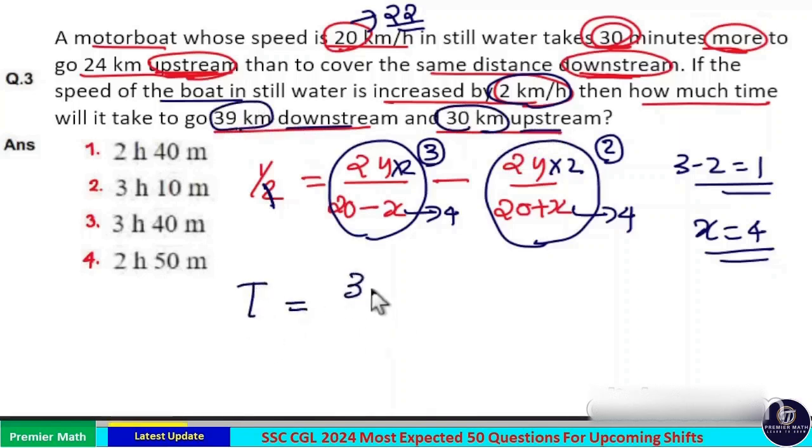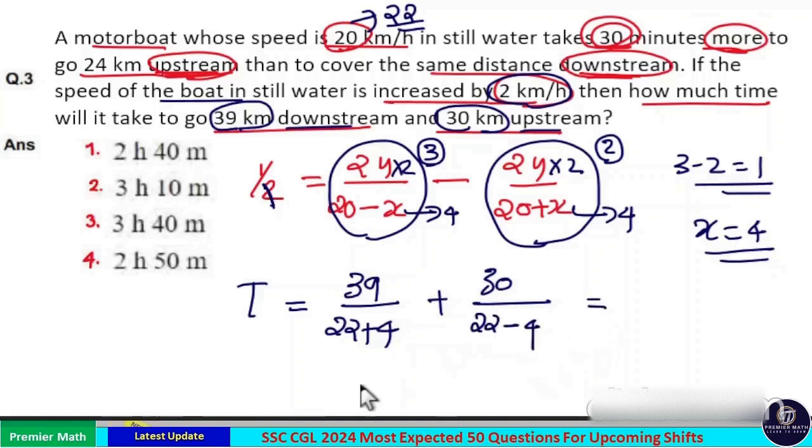So time taken is equal to 39 km over downstream speed, which is 22 plus 4, plus 30 km upstream over 22 minus 4.